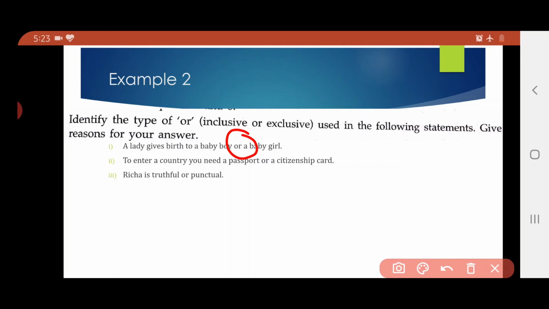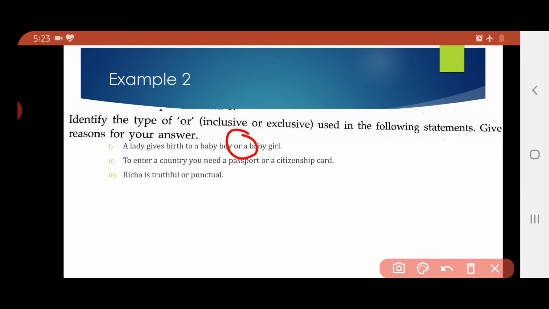Why? The reason being that whenever anybody is giving birth, it doesn't matter if you are giving birth to a twin, a triplet, n number of babies, but at a single point of time there will be only one baby coming out, and that baby has to be a boy or a girl.